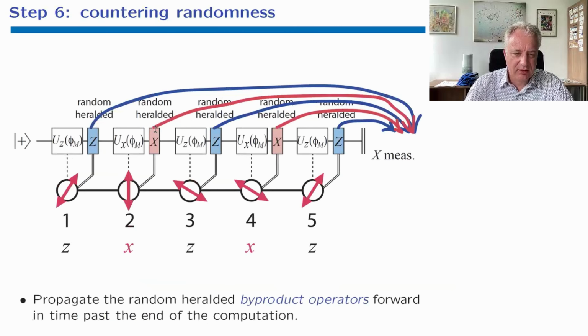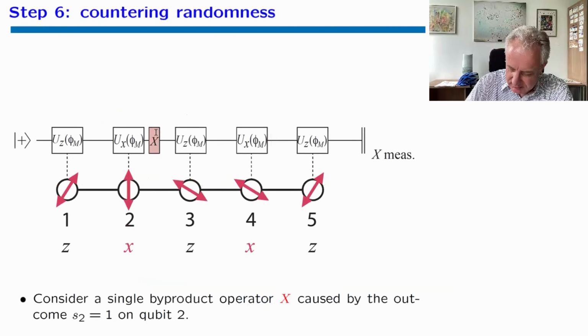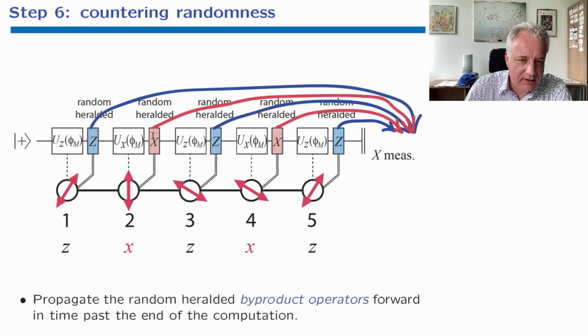The overall strategy is that we take these byproduct operators and we move them towards the end of the computation, past the readout measurement. Everything that happens after the readout measurement, we don't care about.